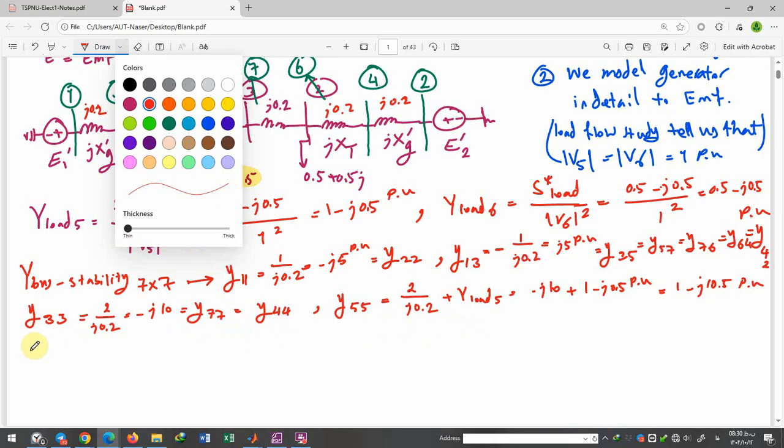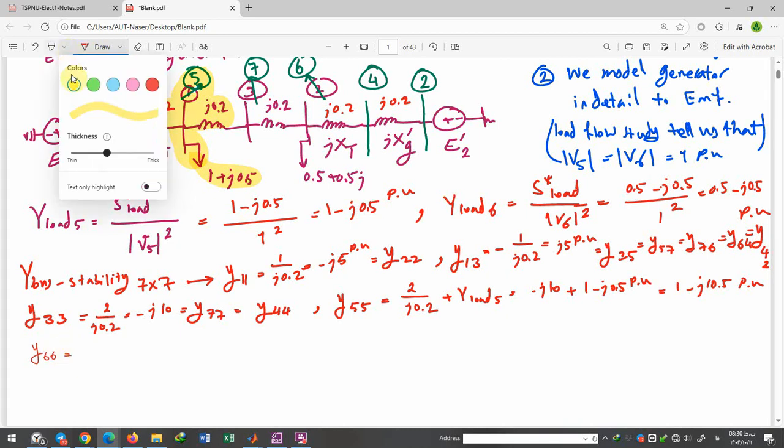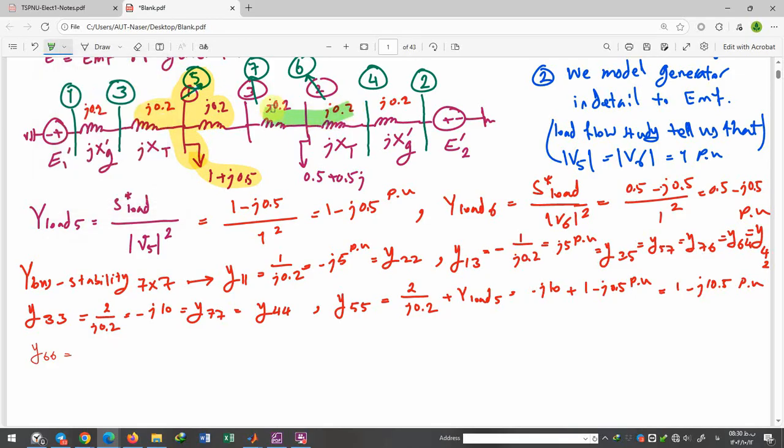And so for finding Y66, 2 elements of 0.2 are connected to bus number 6. Another element is Y load 6 here.